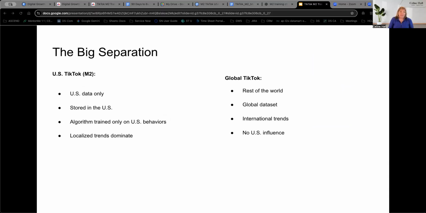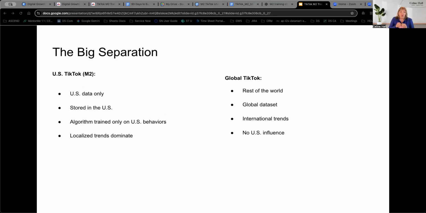So the US TikTok M2 side, all the data will be collected, stored, and processed only in the US. Then the recommendation system will only learn from US behavior. So the algorithm is only going to draw from the Americans.